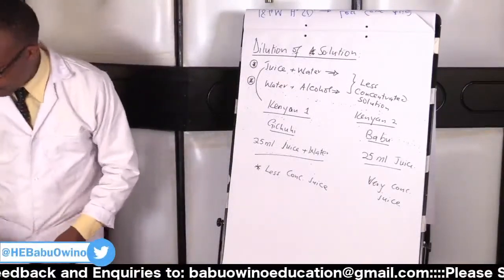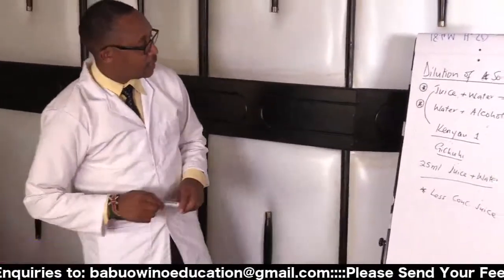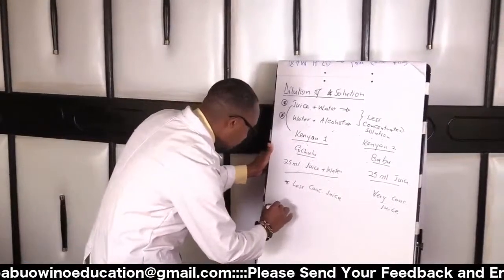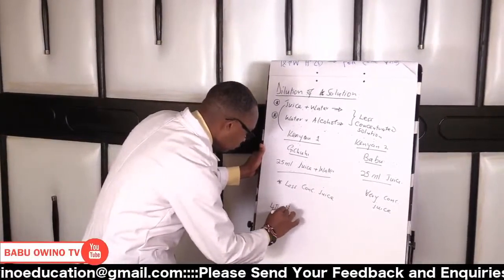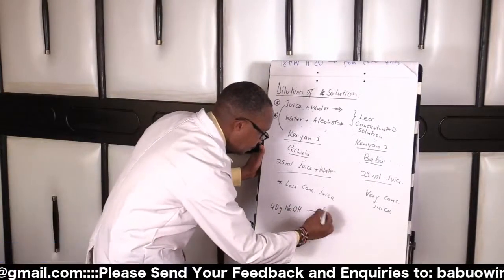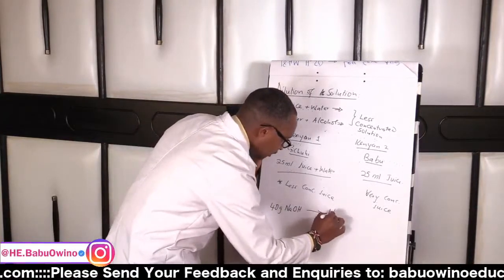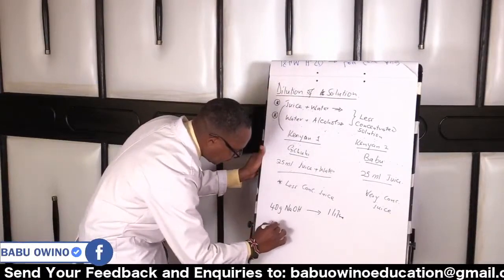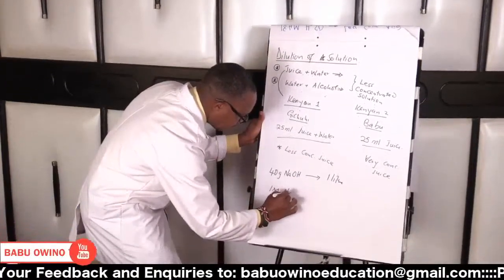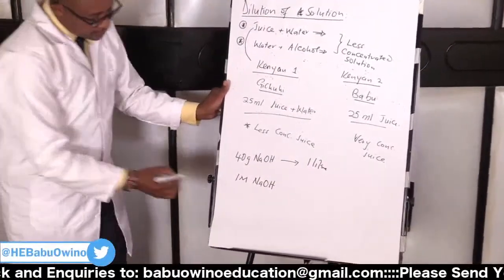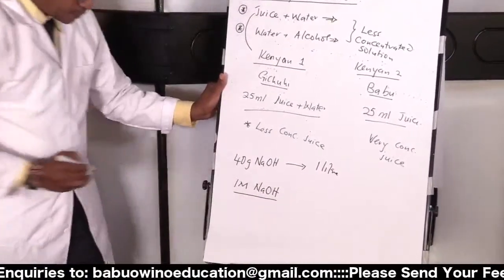Now, what are we going to do with this dilution? We are going to take 40 grams of sodium hydroxide in 1 liter, which makes it 1 molar sodium hydroxide. This is the solution I want to make.